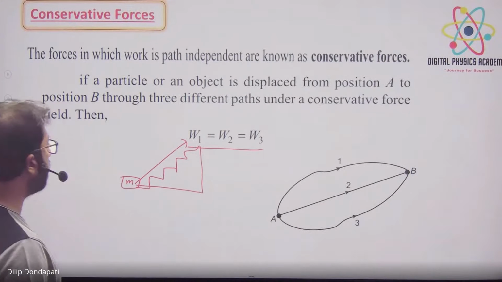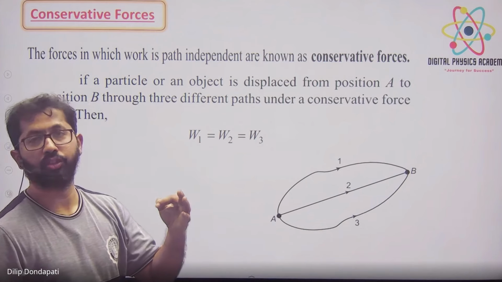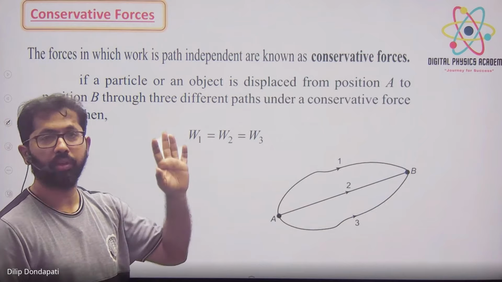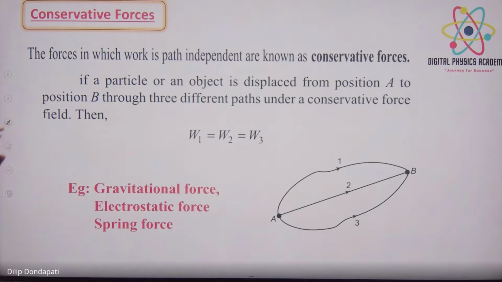Examples of conservative force? They'll not mention in the question that the work done is equal. Only 3 forces are conservative forces in your portion: gravitational, spring, electrostatic. That's it. These only 3 are conservative forces.